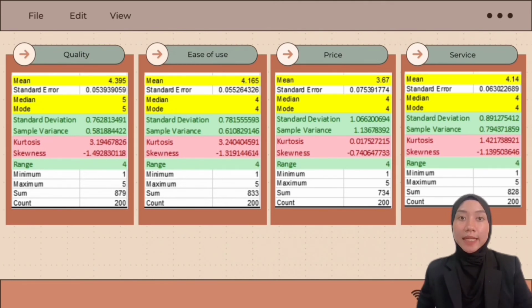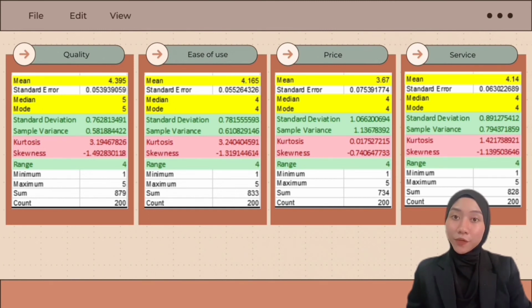We can see from the data, for the skewness, all the data is negatively skewed because all the numbers are negative, which is quality with negative 1.49, ease of use negative 1.32, price negative 0.74, and service negative 1.14.